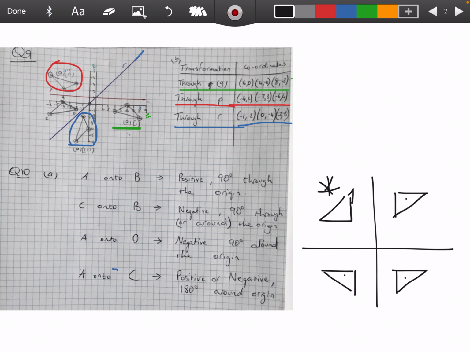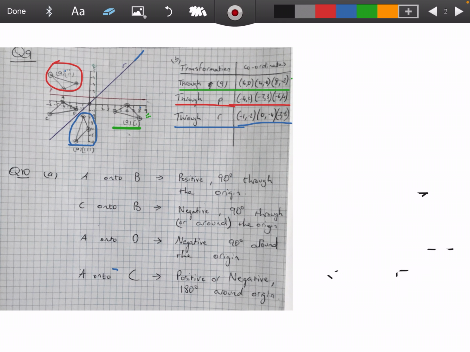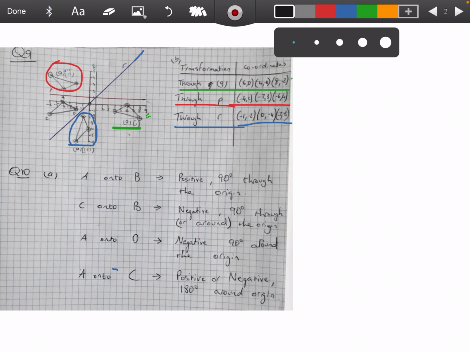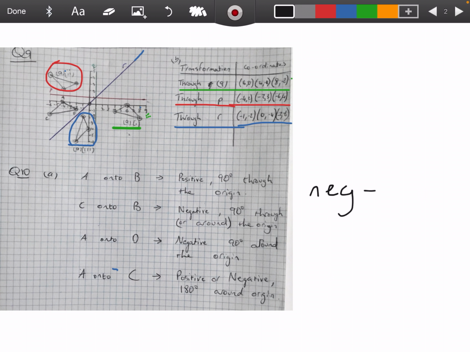Now, we talked about positive and negative, and if we were unclear on that, a negative rotation is clockwise, which is a bit counterintuitive, I know, but you just have to be careful with it.